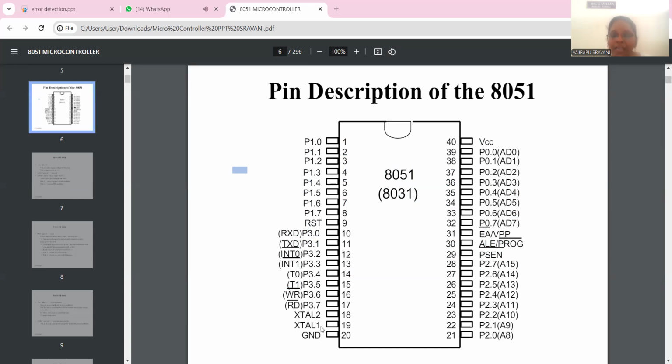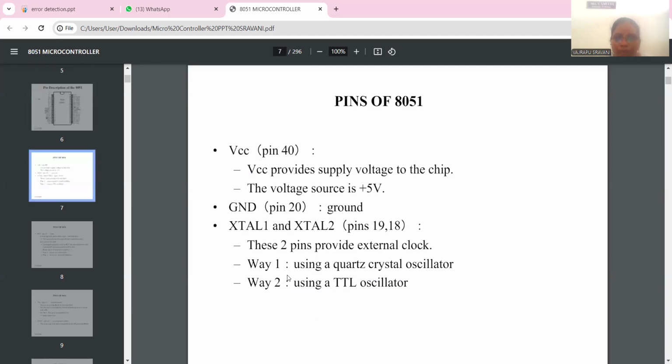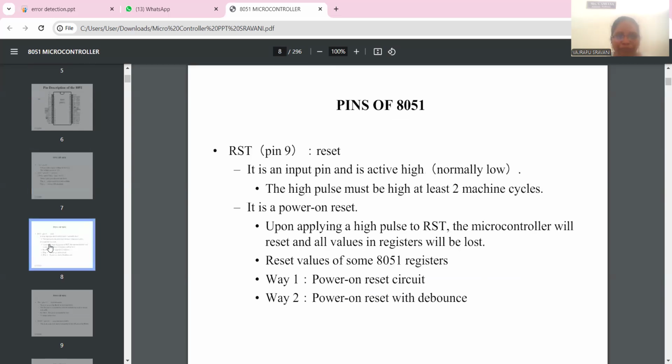By using a quartz crystal oscillator, we can produce the 12 megahertz clock signal. Otherwise, we can also give the clock signal by using a TTL oscillator circuit.